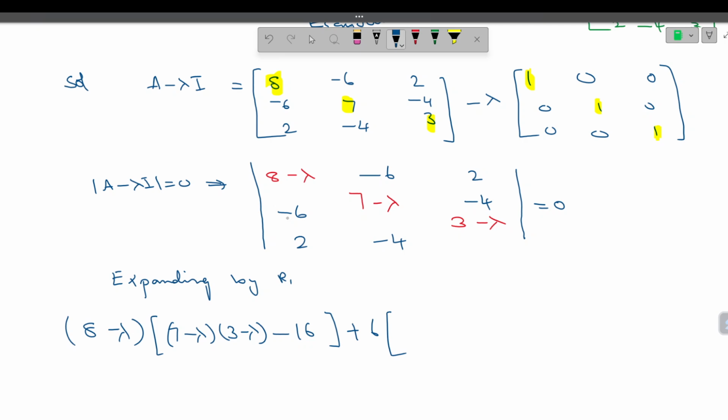This row is gone, this column is gone. Minus 6 of 3 minus lambda, minus this 8; minus of minus is plus 8. Plus 2 of this, this is gone. So minus times minus plus 24 minus 2 times 7 minus lambda, equal to 0.